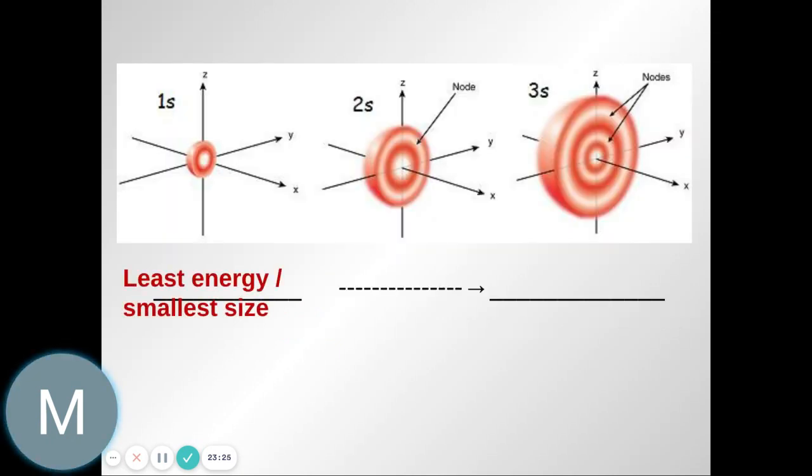Here's just another picture example. So the 1s, much smaller. If you imagine the origin to be where the nucleus is, where X and Y and Z all meet, that is the nucleus. 1s is a little smaller, 2s a little bigger, 3s is the biggest. So larger energy level, larger size, further away from the nucleus. If the nucleus is home, it takes more energy to get away from home.